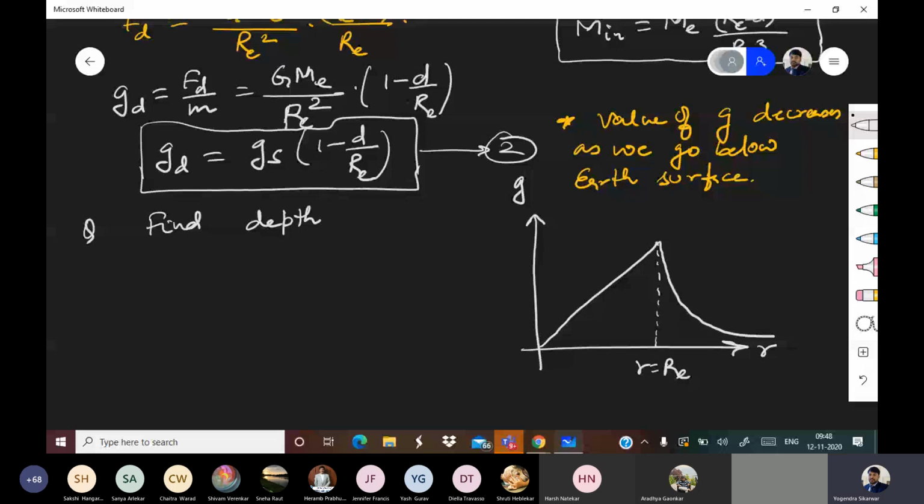So the maximum value of G is at Earth's surface. Beyond that, whether you go up or go down, the value of G decreases. Okay.